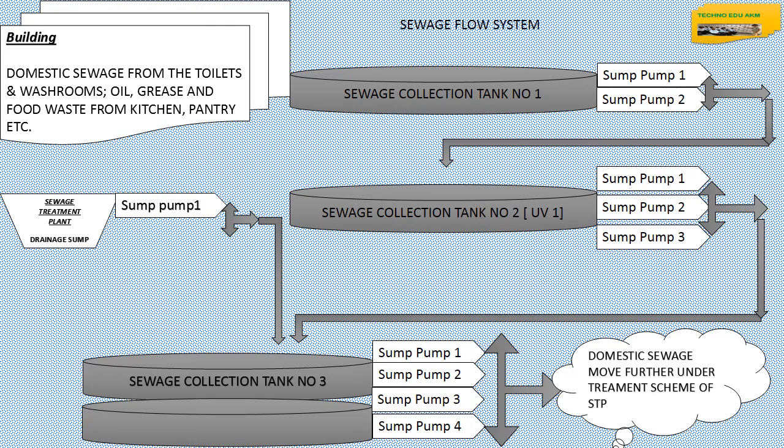Important role of collection tanks. The waste, that is raw sewage, comes into the collection tank and is lifted by the raw sewage lifting pump for feeding of sewage into the oil and grease trap.